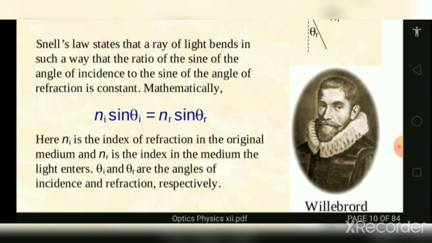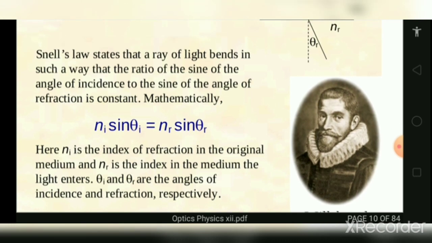But if theta 2 is bigger than theta 1, or your n2 is smaller than n1, or sin theta 1 is smaller than sin theta 2, the angle of refraction is greater than the angle of incidence.